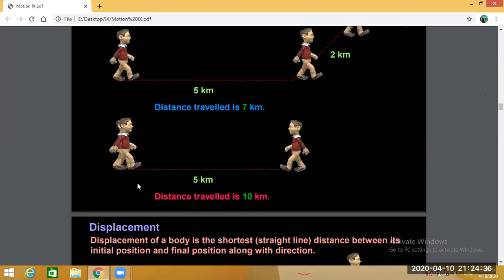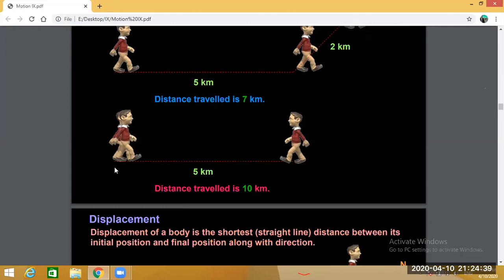Similarly, say a man starts from this location and comes to this point and then returns back to this point. So the total path length will be 5 kilometer in forward movement and 5 in backward movement. The total distance traveled by the man is 10. This is distance.